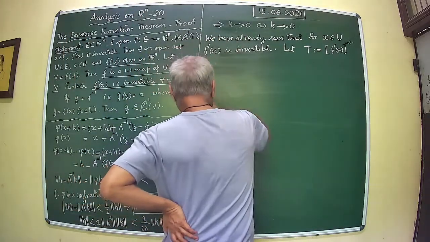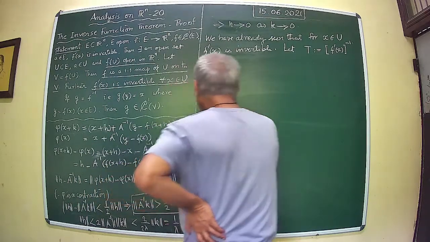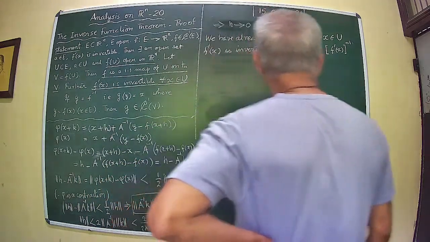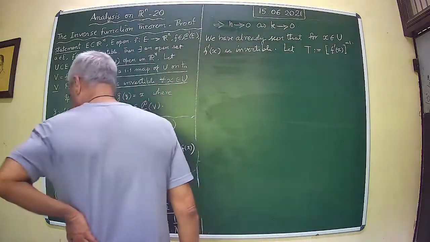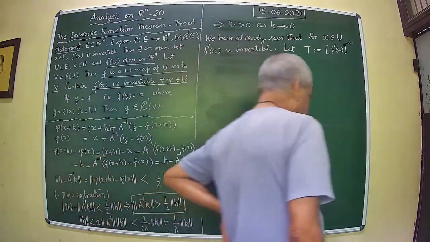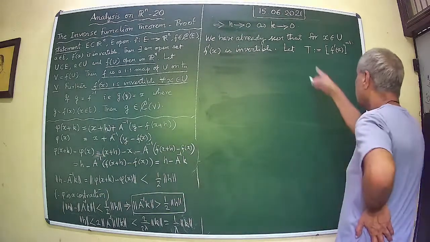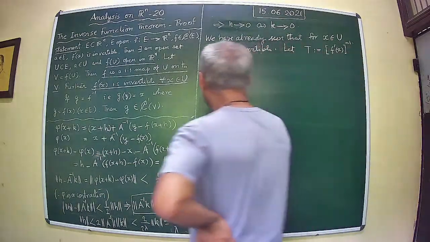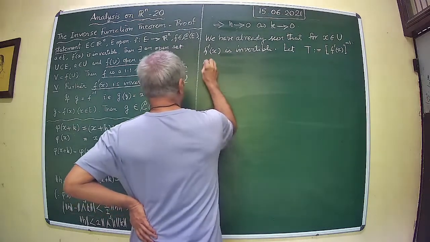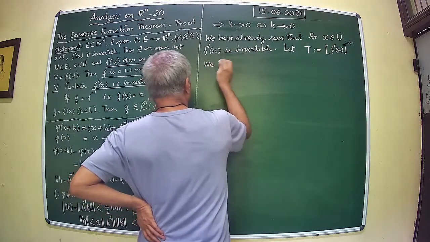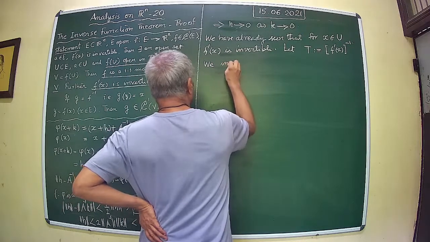What we guess at this stage is that the derivative of g at y is going to be given by T if it exists. So let us find out. So we investigate.